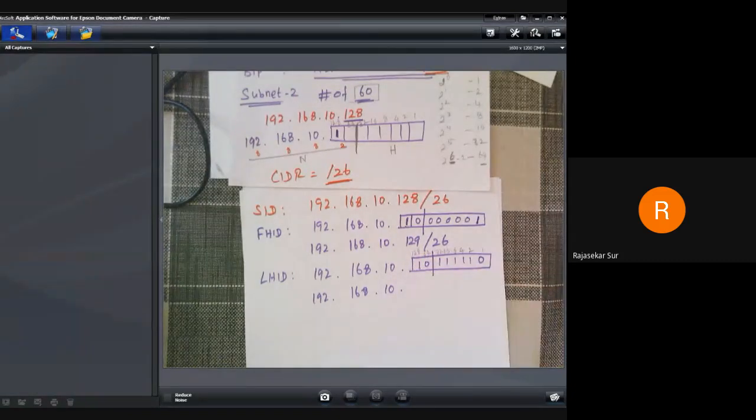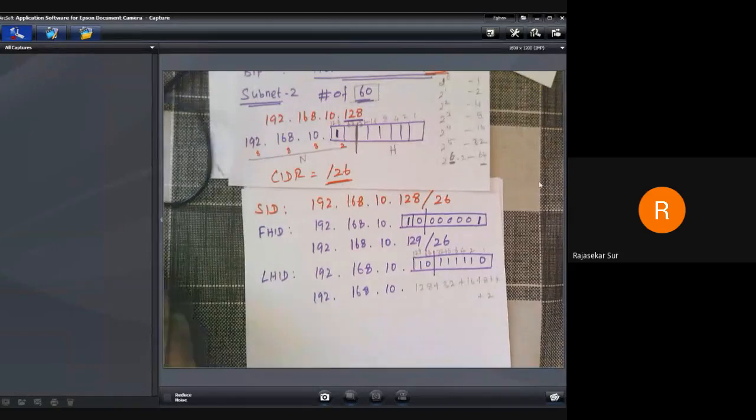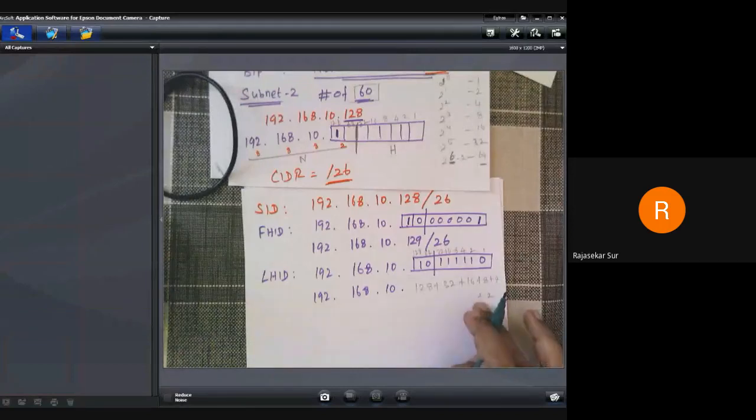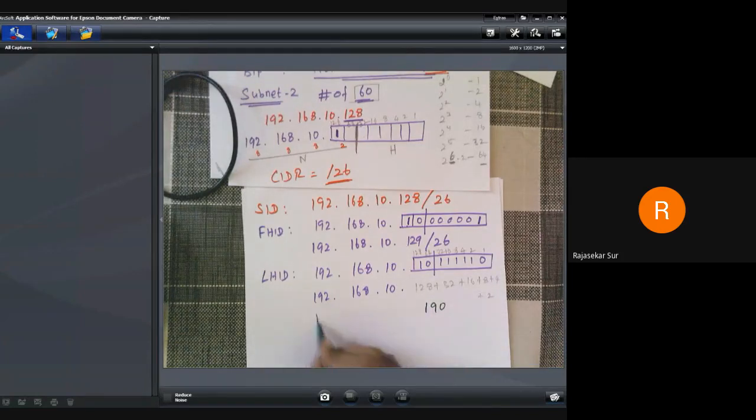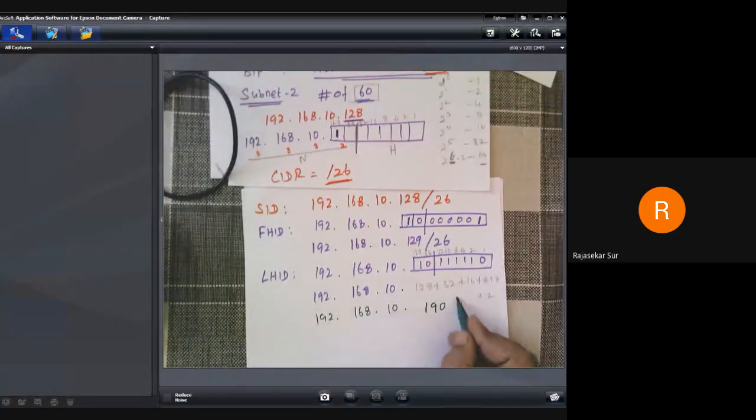So you add 128 plus 32 plus 16 plus 8 plus 4 plus 2, or you can apply my method of subtracting from 255. If you add everything, you will get 190. So 192.168.10.190/26 is your last host IP address.